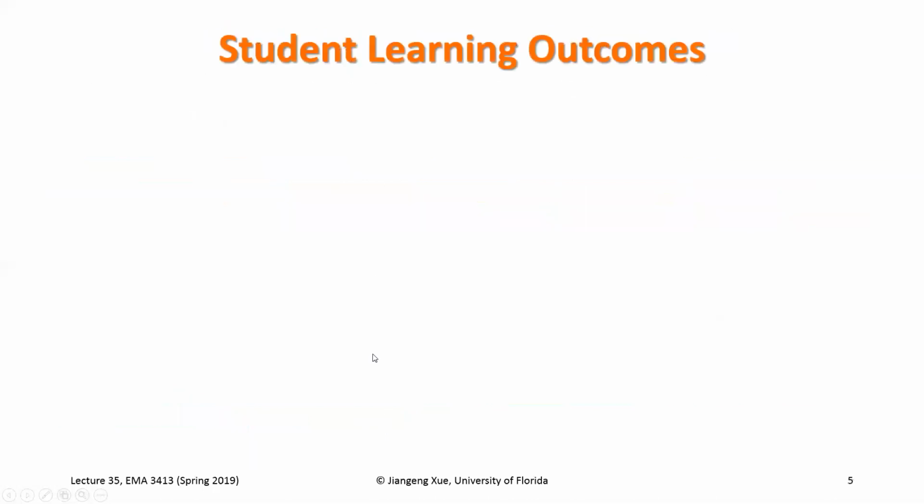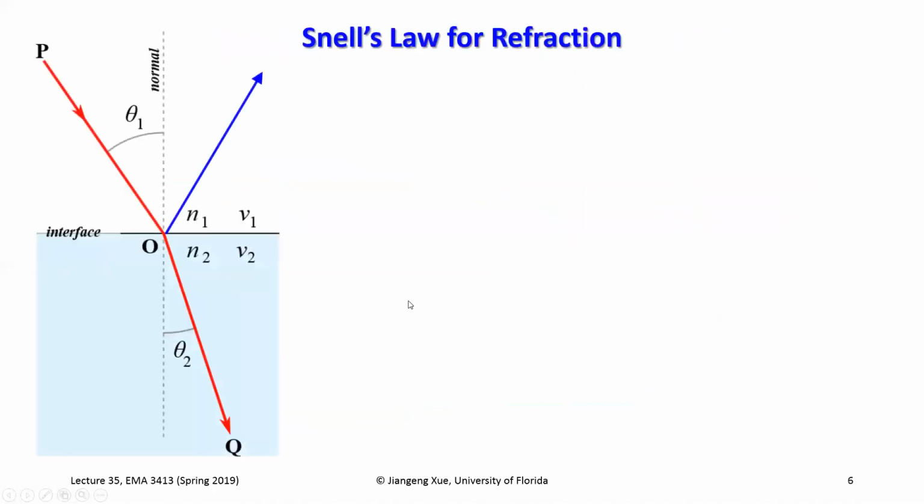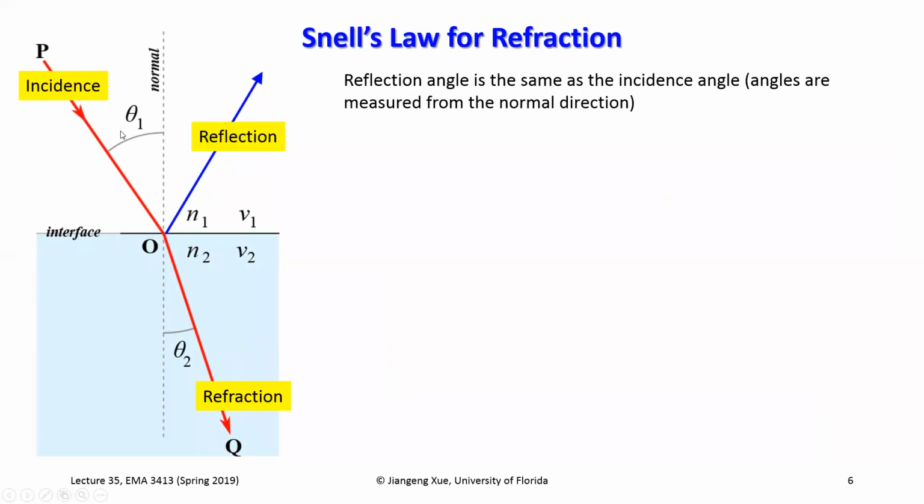The second student outcome is that you should be able to use Snell's law to calculate the refraction angle and to determine conditions for total internal reflection. Snell's law governs the direction of the reflected and refracted light. For the reflection, it'll come out at an angle the same as the incident angle. The angles are all measured from the normal direction. For the refraction angle, it's dictated by the index of refraction difference across this interface.